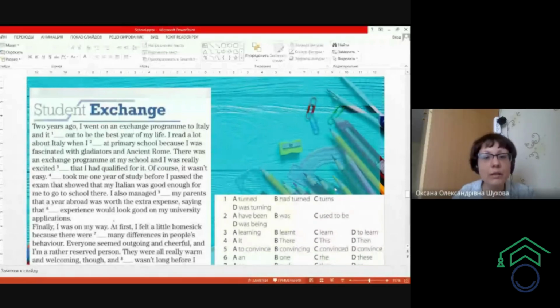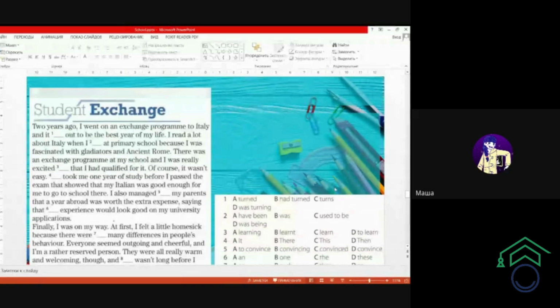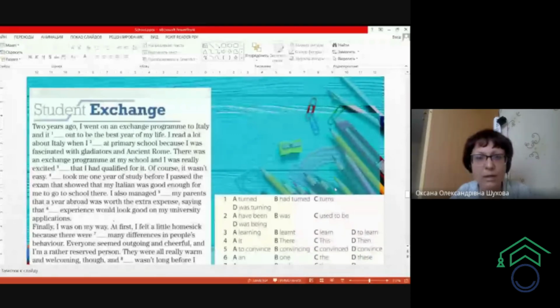Can you explain why after the word manage, the infinitive was used? Right, absolutely correct. After the verb manage, the infinitive is used. There are certain verbs that must be followed by an infinitive, and certain verbs followed by a gerund. So the verb manage is followed by the infinitive.